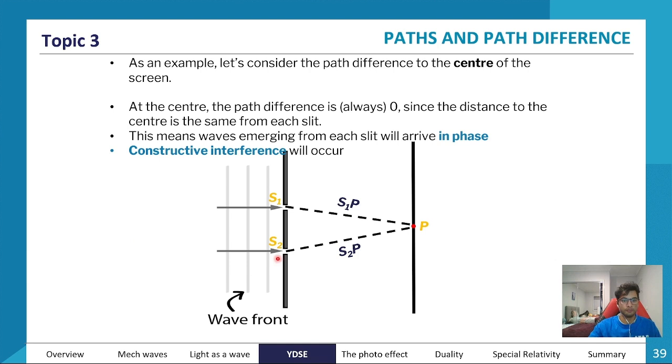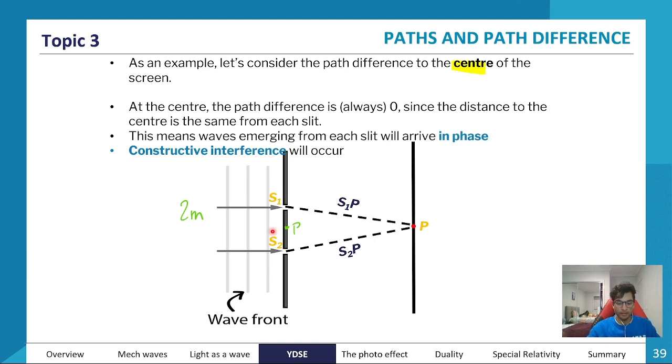In this scenario, let's say the wavelength of this wave, which is some water wave, is 2 meters. What is the path difference between these two waves at this position? The path difference here is actually 0, because P is in the middle of the two slits.